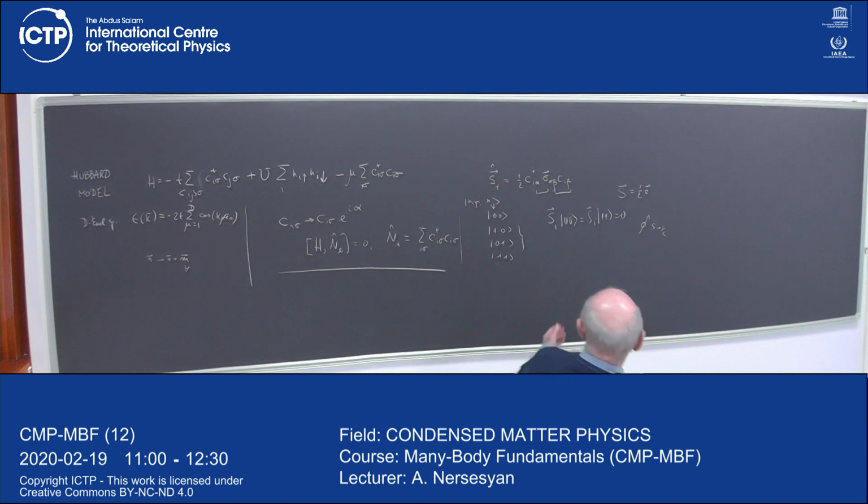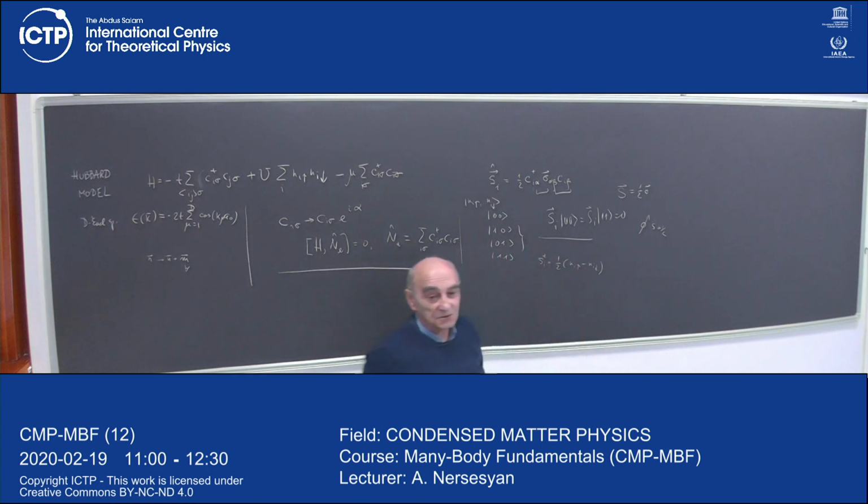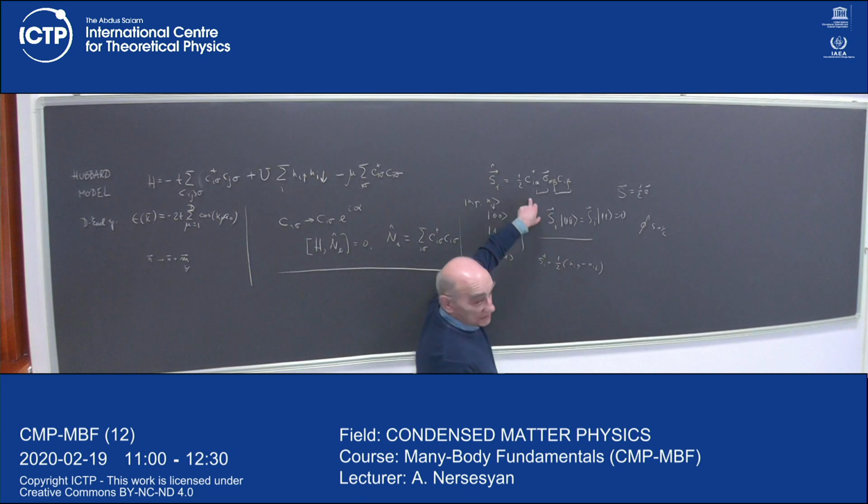Now, once you have this definition, you may ask yourself, what is, for instance, the z projection of the spin? It's very simple, because you take sigma z, and for sigma z you get n_i up minus n_i down. Is it clear what I wrote here? I'm saying that this follows from this.